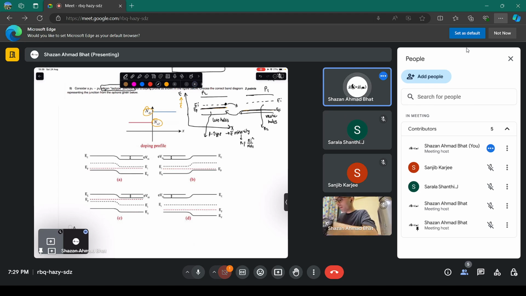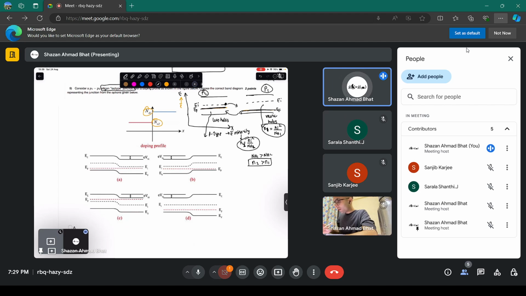The electrons on the p1 side, let's not confuse, because I have used the notation p2 here and p1 here. So this is N2, this is Na2, and this is N1. It will be Ni squared divided by Na1. And because Na1 is greater than Na2, that means N2 will be greater than N1.